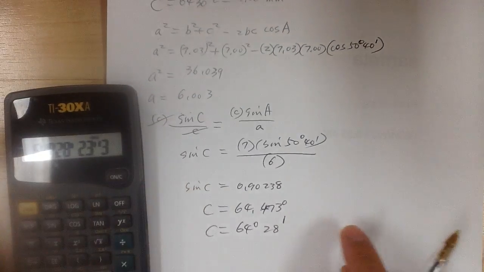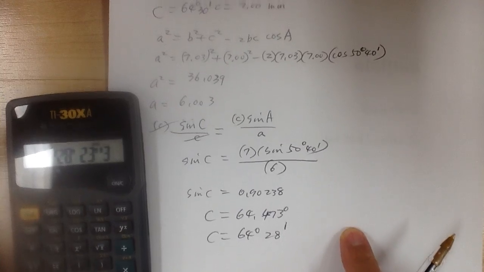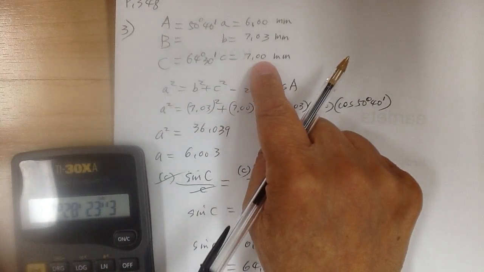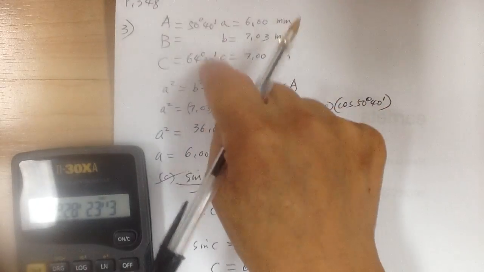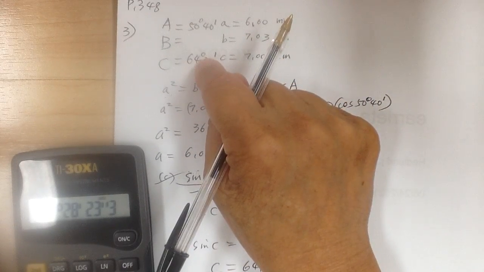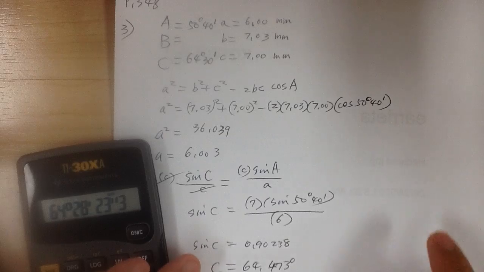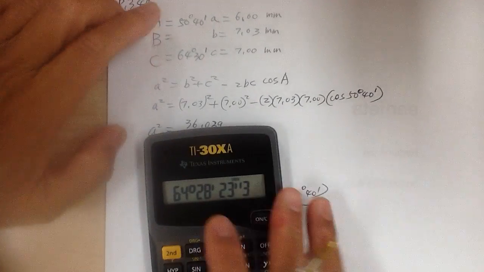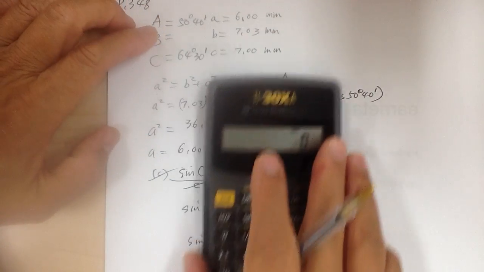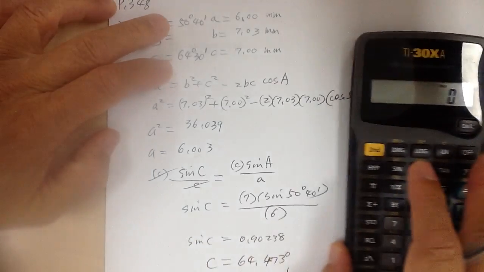Again, I don't have to worry about the second case for C, because it would be more than 90, and since this is a middle angle, A and C cannot be more than 90. Now to find the biggest angle, you can just use 180 minus those two.